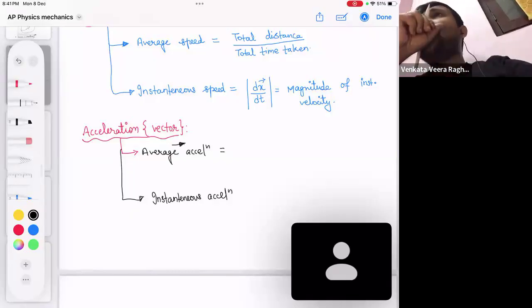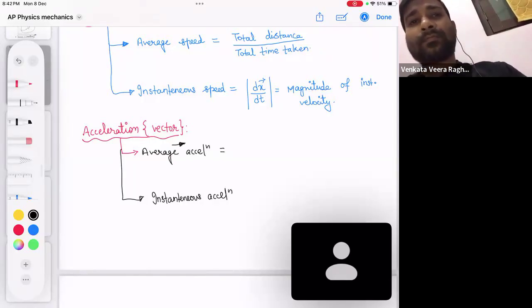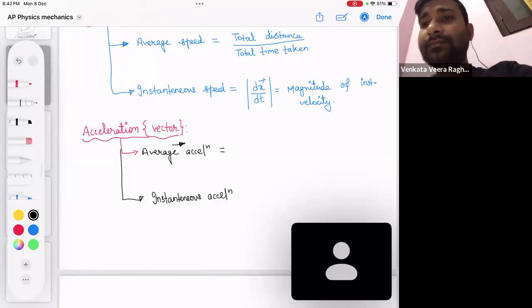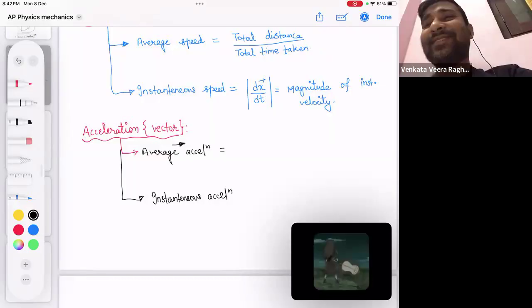Can you tell me what is the purpose of acceleration? What does acceleration actually do? It accelerates things. Very good.